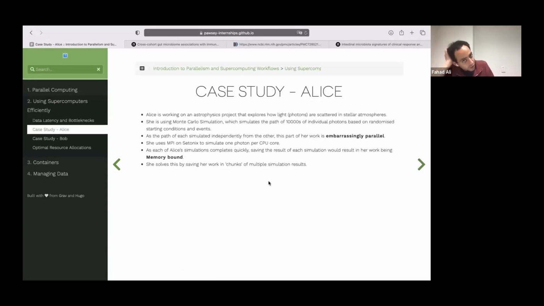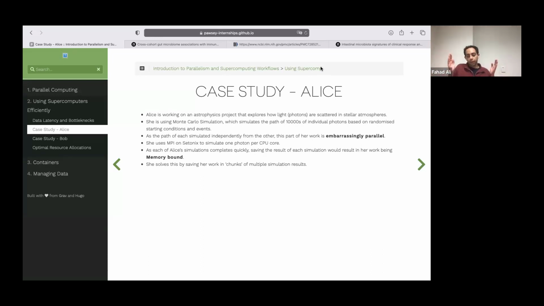So we've got Alice. Alice is working on an astrophysics project that explores how light is scattered in stellar atmospheres. She's using Monte Carlo simulation, which simulates the path of thousands of individual photons based on randomized starting conditions and events. As the path of each photon is simulated independently from the others, this part of her work is embarrassingly parallel.